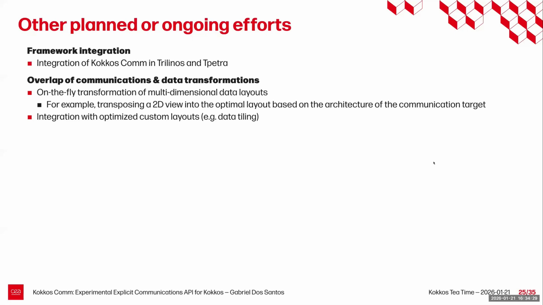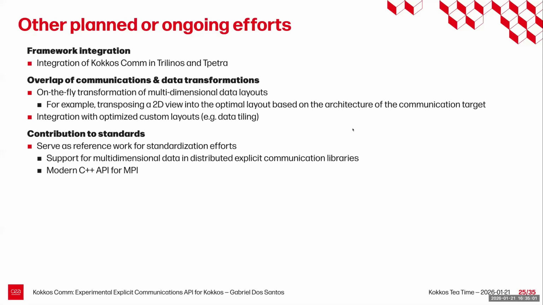But on the receiving GPU, you would want to have it in LayoutLeft because it improves memory access patterns. So we could imagine transforming the layout from LayoutRight to LayoutLeft during the communication to improve performance. This is something that we want to work on.